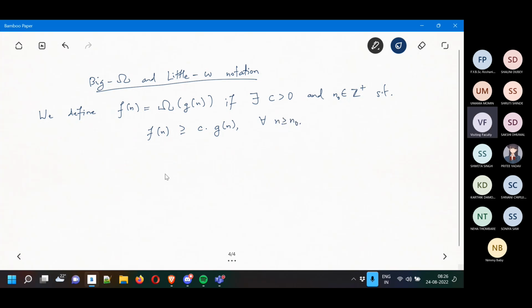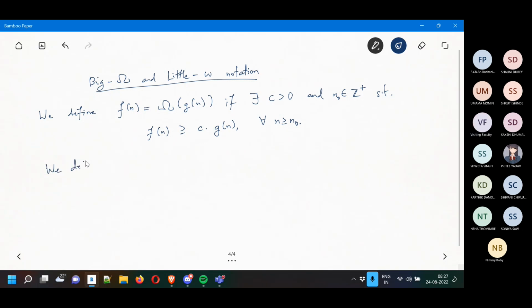Again, the constant does not matter, n naught does not matter. F of n is bounded below by g of n up to a constant. So the growth of f is larger than the growth of g. That is when we'll say big omega. Is that okay?